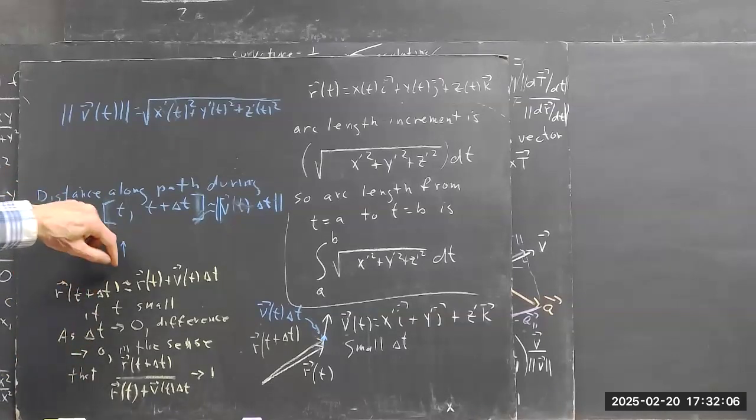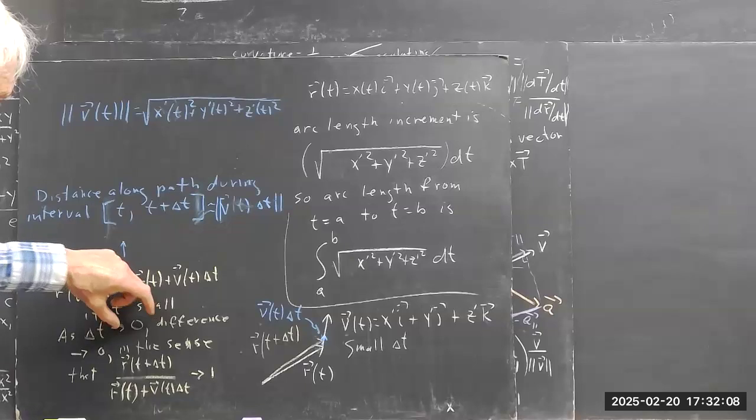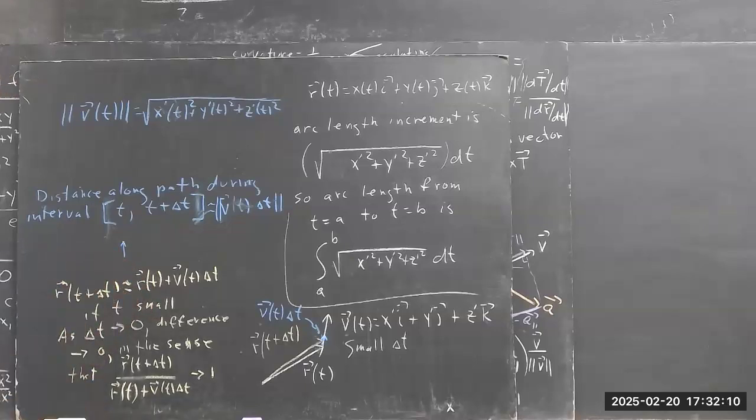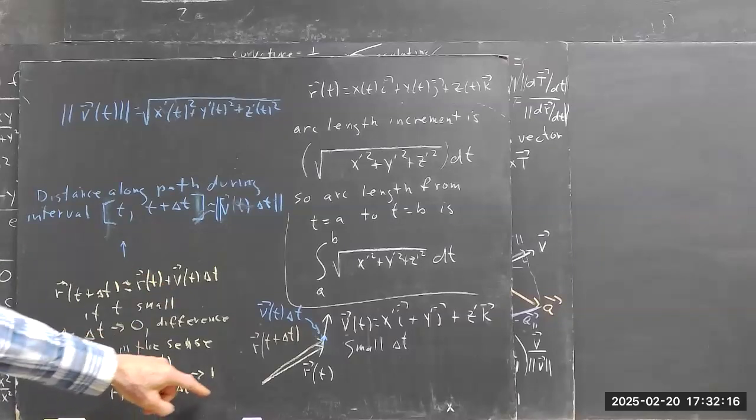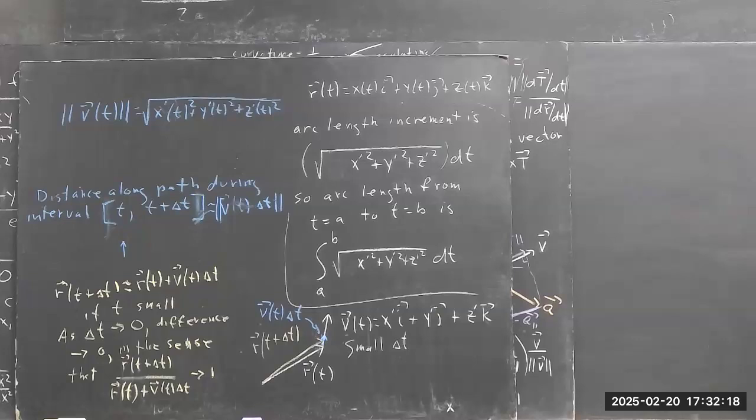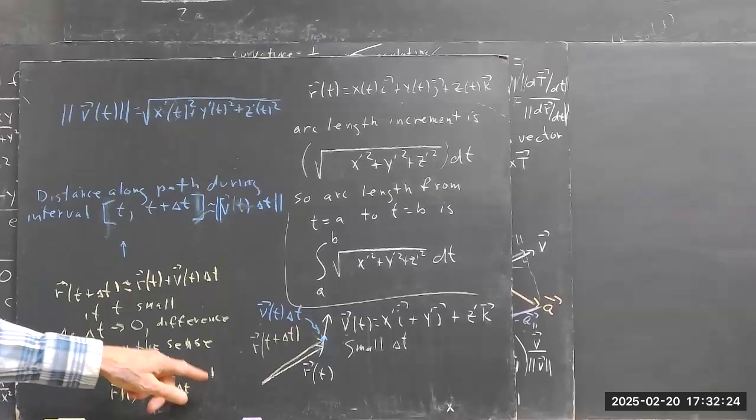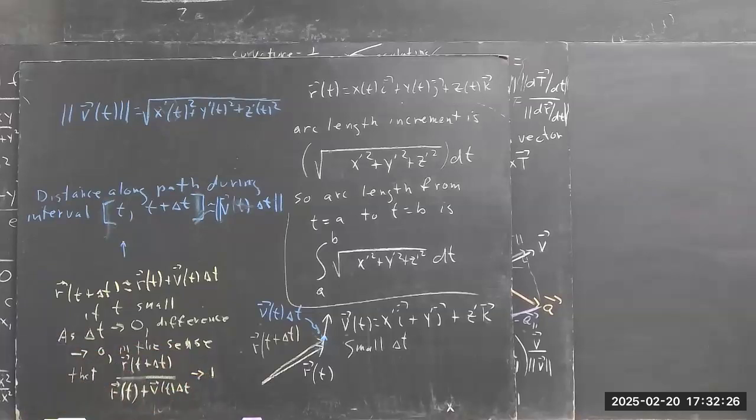What I've said then is that the difference between this side and this side is going to approach zero, in the sense that then the ratio of this to this will equal 1. Ratio of this over this approaches 1.